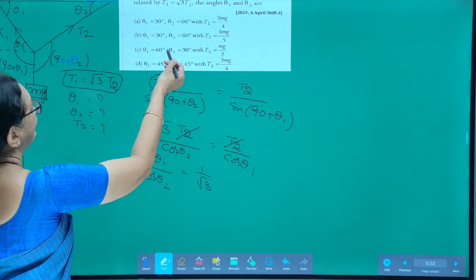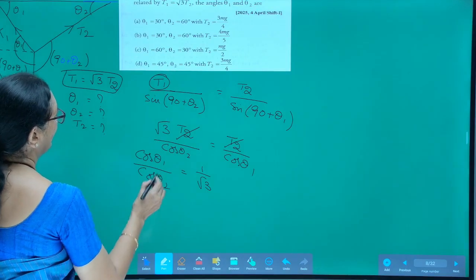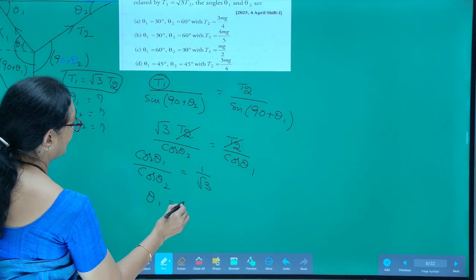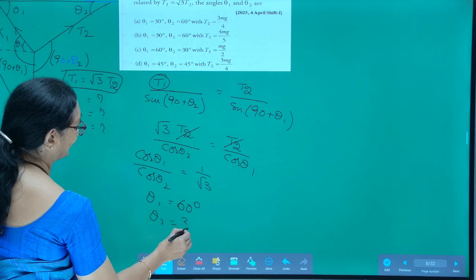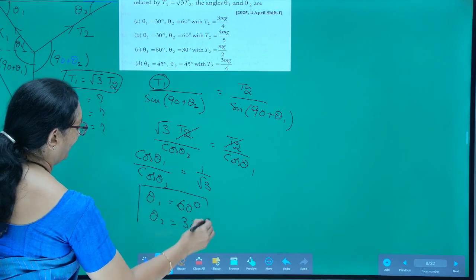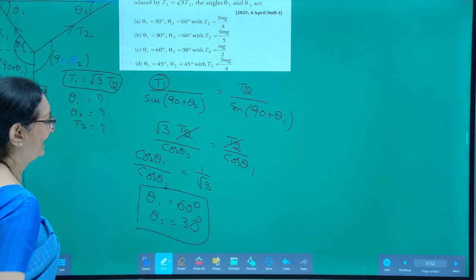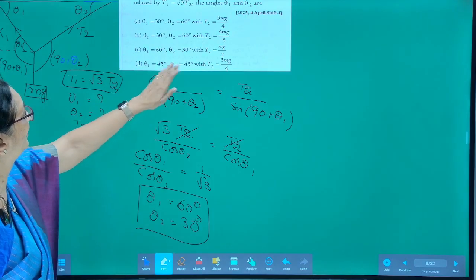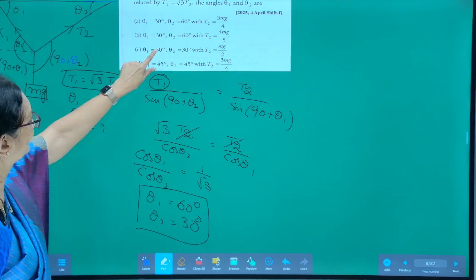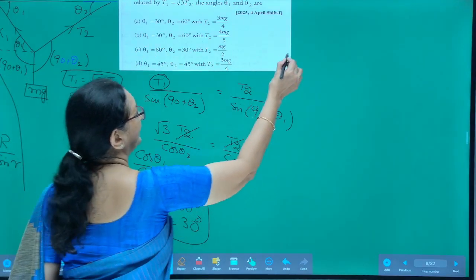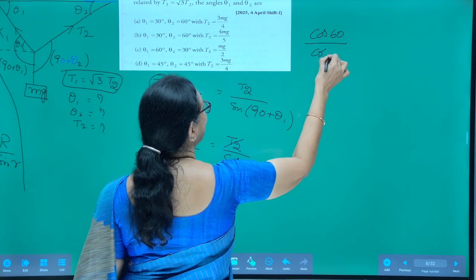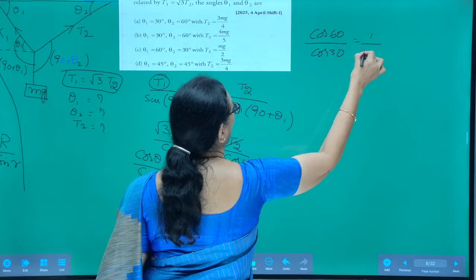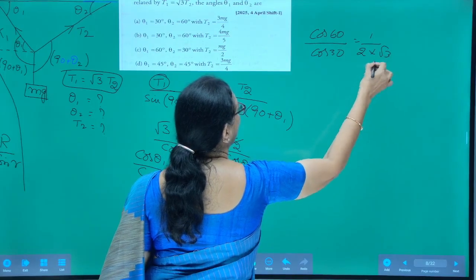See here, let us check the possibilities. Theta 1 is equal to 60 degrees and theta 2 is equal to 30 degrees. You can actually guess that. Here, it cannot be 45. So, theta 1 is 60. If theta 1 is 60, cos 60 by cos 30 is equal to 1 by 2 divided by root 3 by 2.